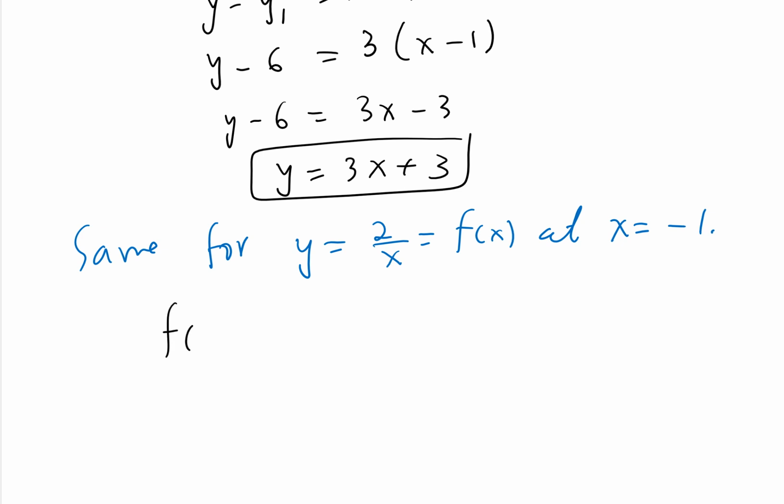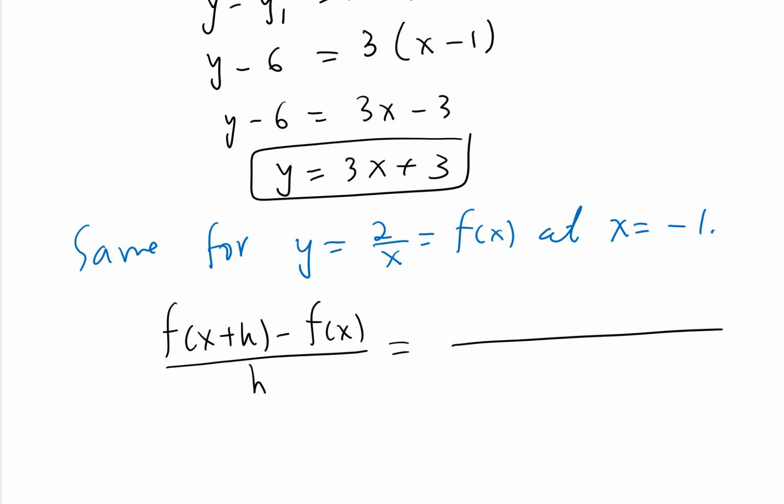So first we try to find what f of x plus h minus f of x over h is. I used to do that when I was a student before getting into limits. It's 2 over x plus h minus the function itself, all over h over 1.